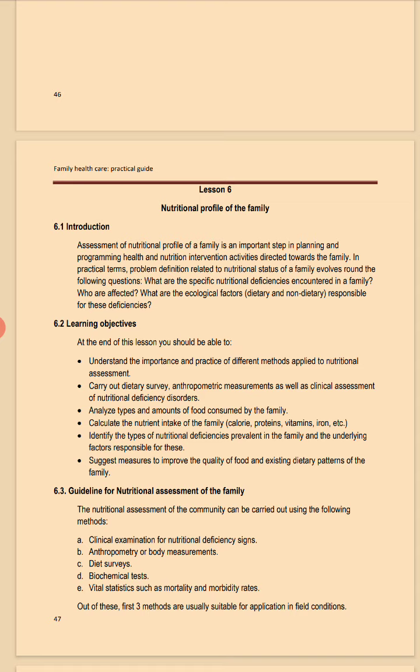You can measure the BMI for adults, that is also an anthropometric measurement. And there can be some specific anthropometric measurements also. So A is anthropometric measurement, B is biochemical test.